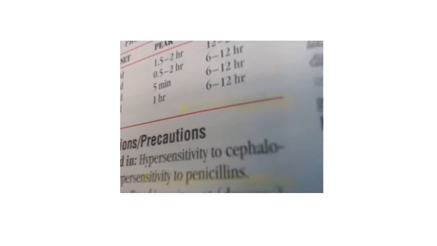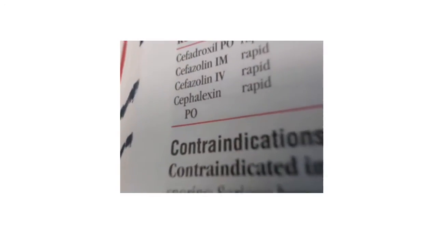You see right away, contraindicated, hypersensitivity to cephalosporins or hypersensitivity to penicillin. So if this patient had a penicillin allergy, we would not administer the Ancef because it's contraindicated. It can cause renal impairment, and I'm going to look at some other things here.